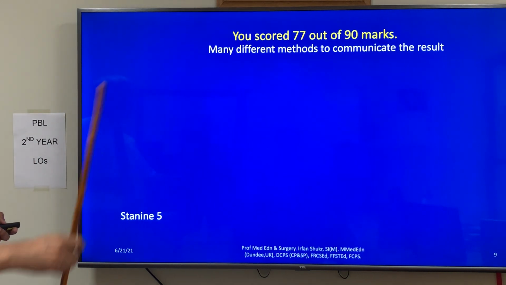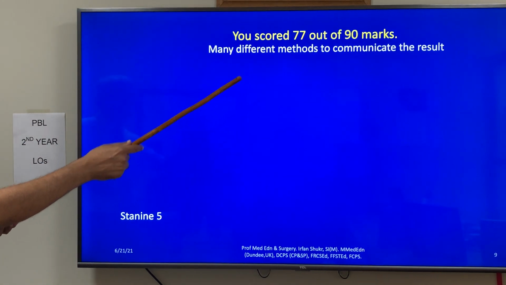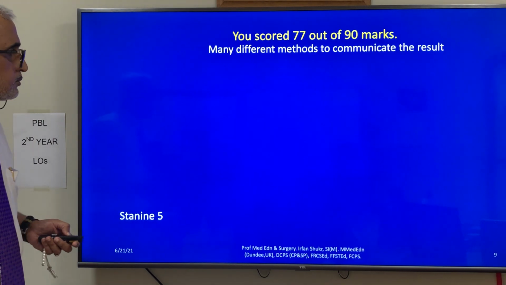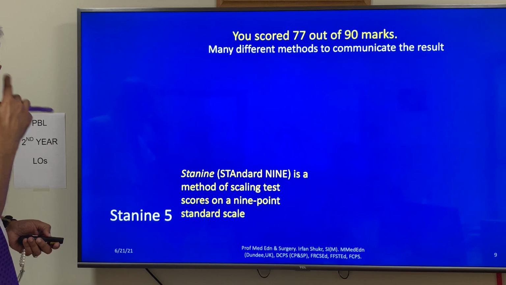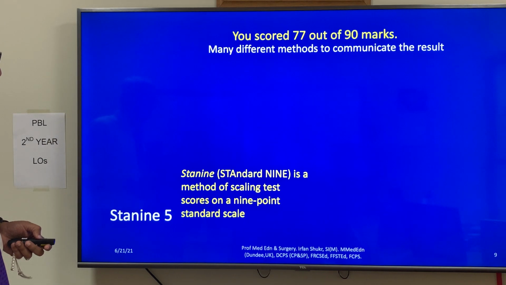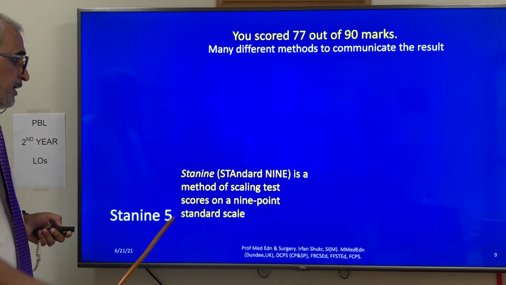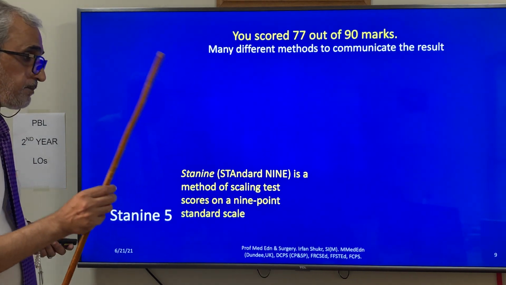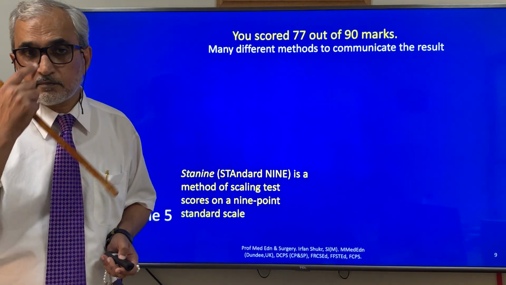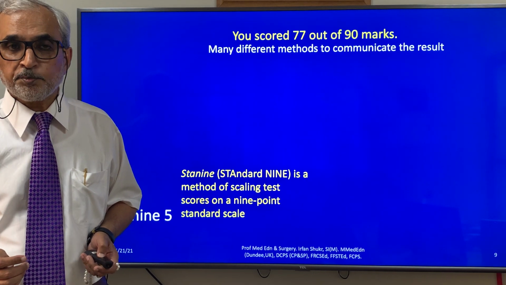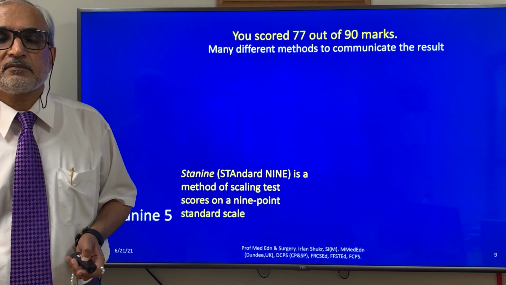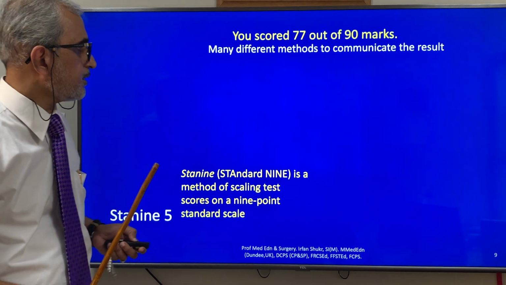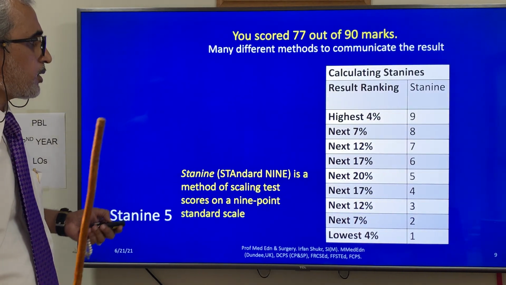Then there is Stanine, in which your result was Stanine 5. Stanine is a short form of standard nine. It is a method of scaling test scores on a 9-point standard scale. Without going into mathematical discussions, let me explain very simply.